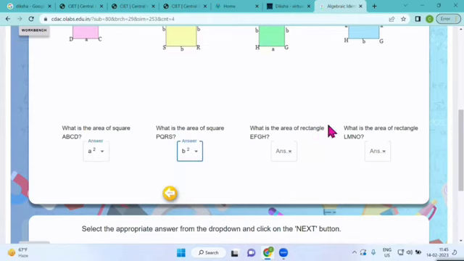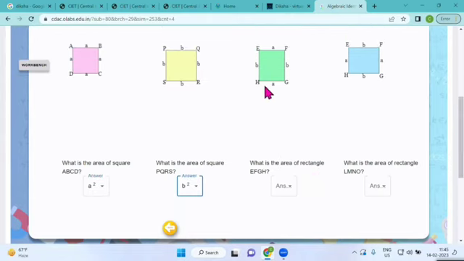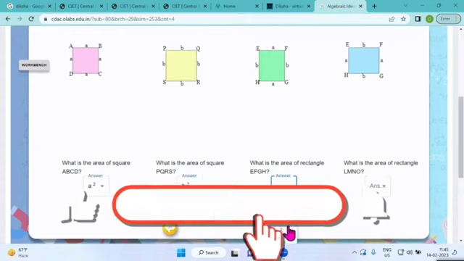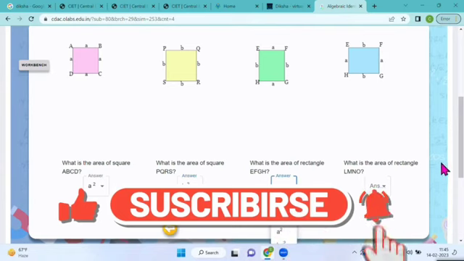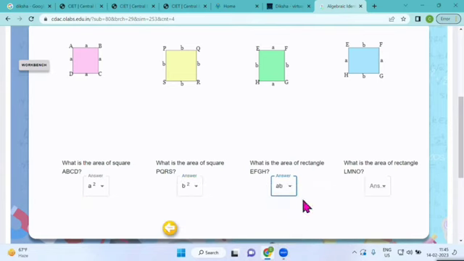And what is the area of the rectangle EFGH? It has A units as its length and B as its breadth. As we all know, the area of a rectangle is length into breadth, so it will be A into B, that is AB.